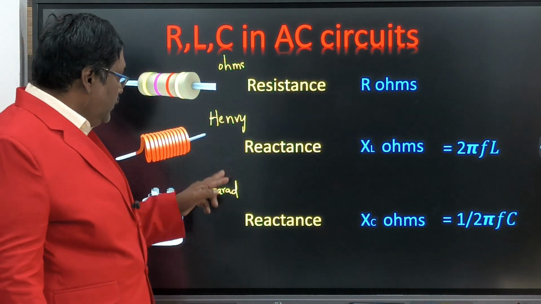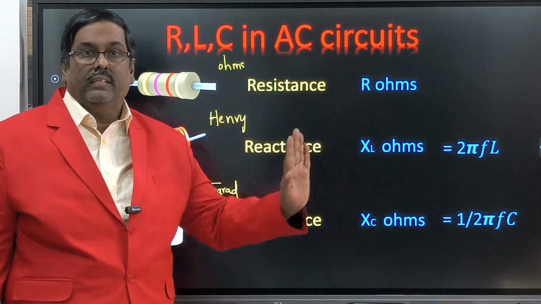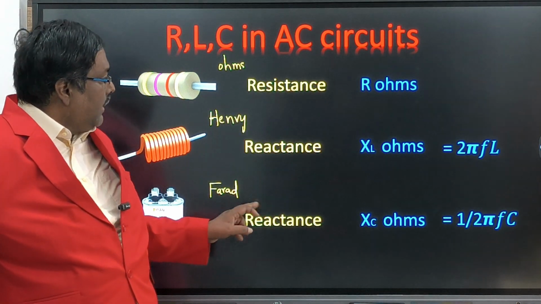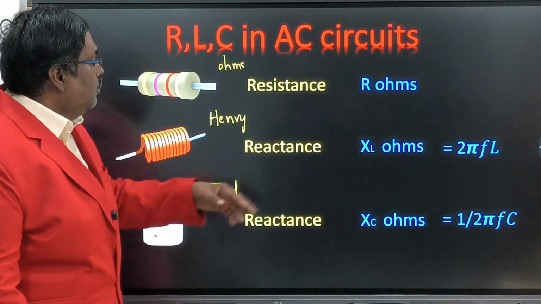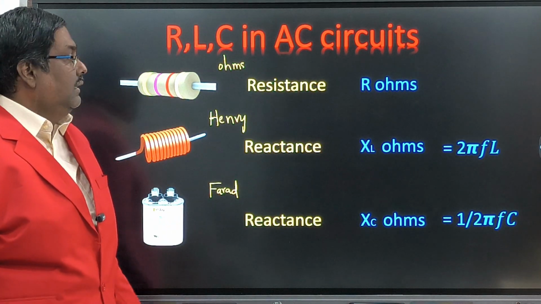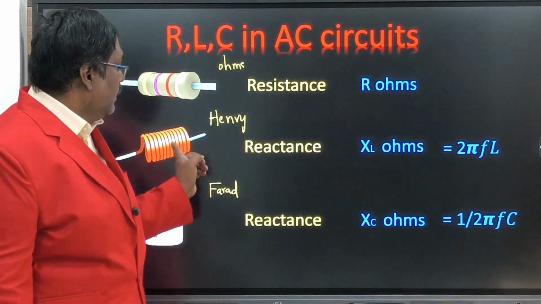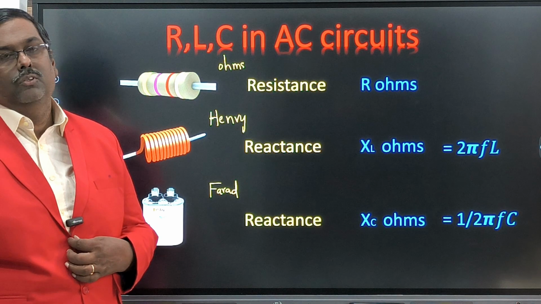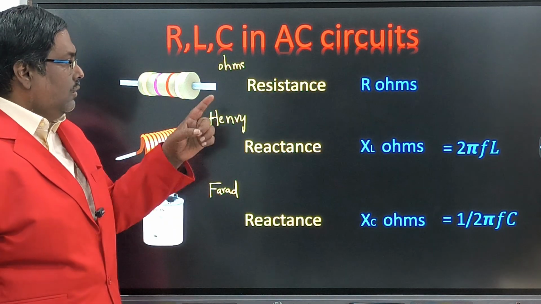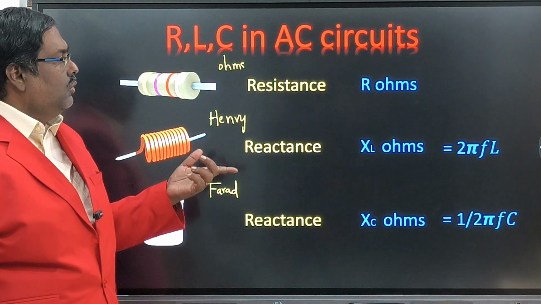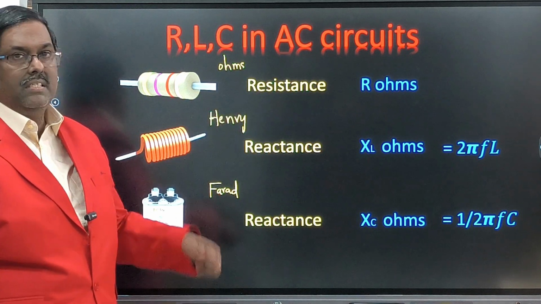So from this unit, you have to find the resistance, which is called reactance. From Henry and Farad, how do we calculate the reactance? There is a formula for the inductor: 2 pi FL. 2 pi, you know the value. Pi is 3.14, 2 is a constant, and F is the frequency.